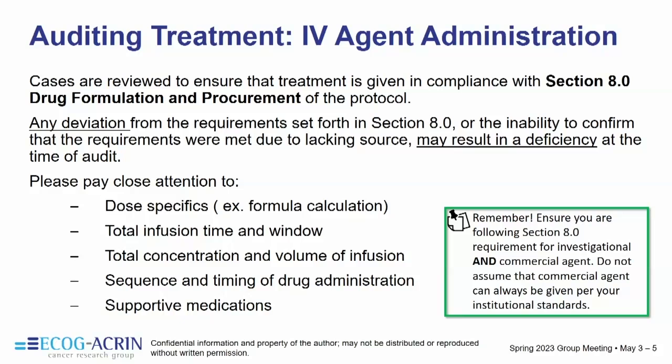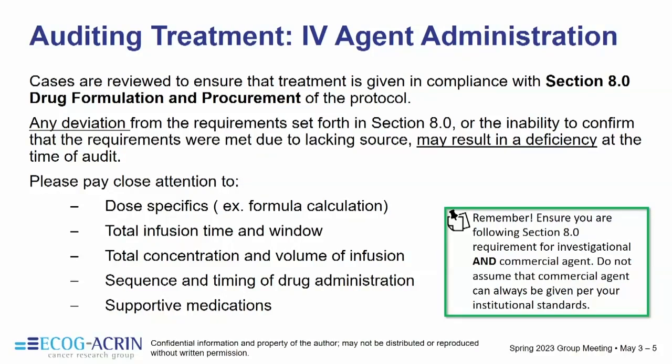You also want to see if any of your IV agents have a total infusion time listed and a window. A lot of the standard of care agents are not given a required total infusion time. It falls back to your standard procedures at your institution and what's standard overall, but sometimes you will see it.